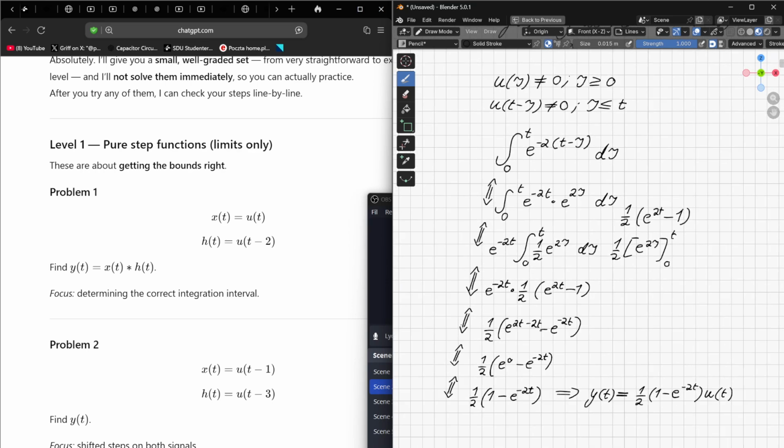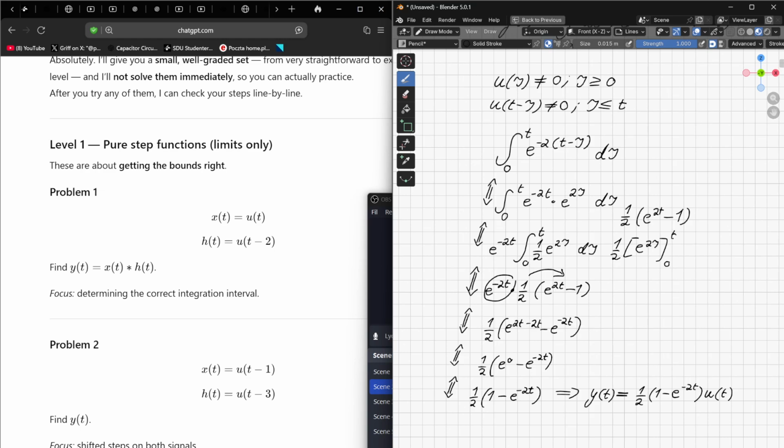And what's so interesting is if we want to simplify this even further, we can by multiplying this into this fraction, the brackets.